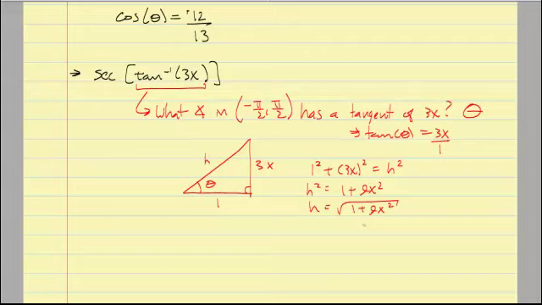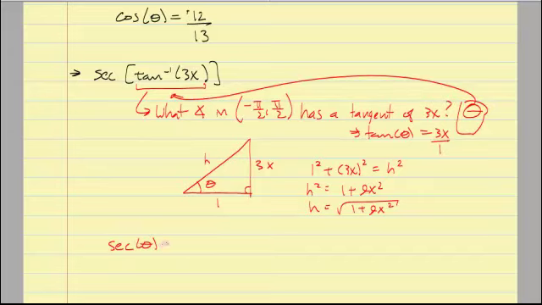So now we take this information, and remember I said my answer here was theta, so I stick theta in here. Secant of theta is what I'm looking for. Well, secant is 1 over cosine. Cosine of theta is adjacent over hypotenuse, and remember our hypotenuse was the square root of 1 plus 9x squared.